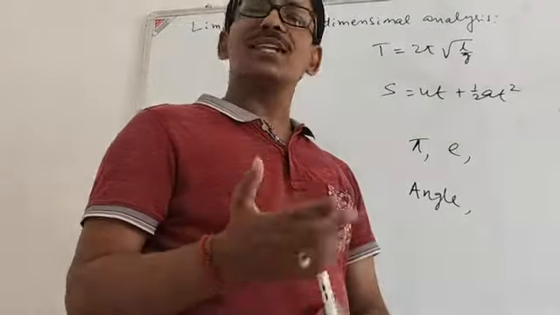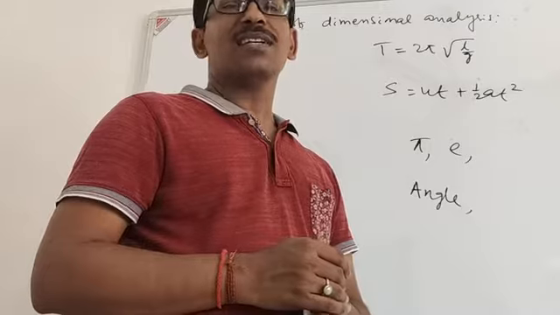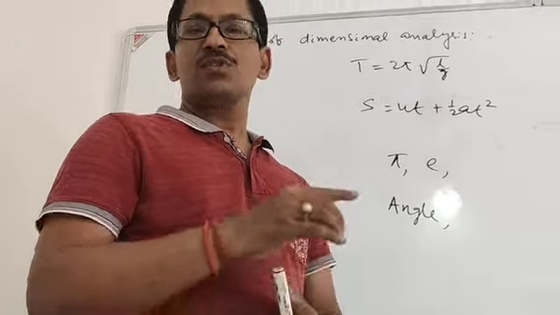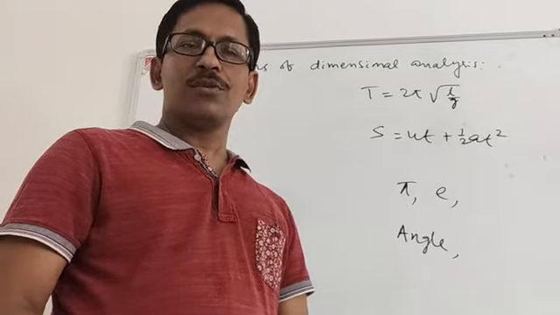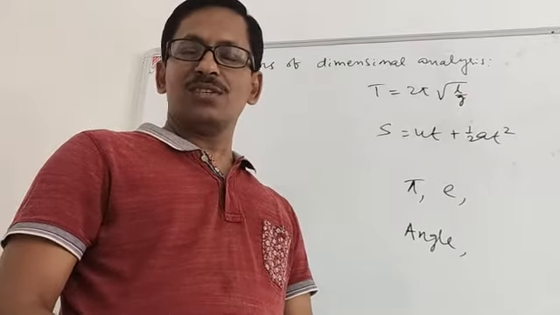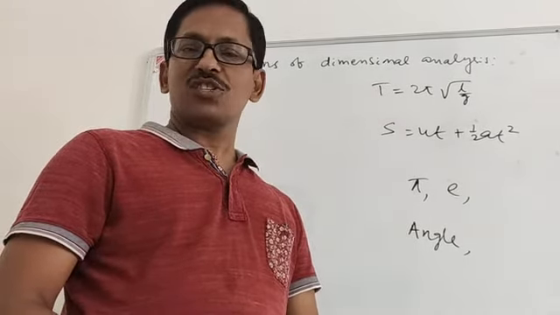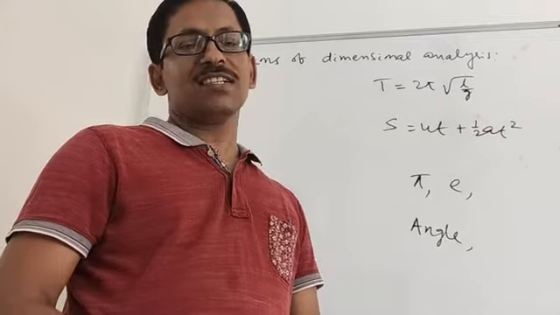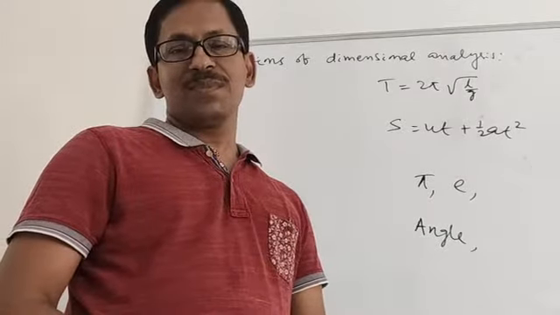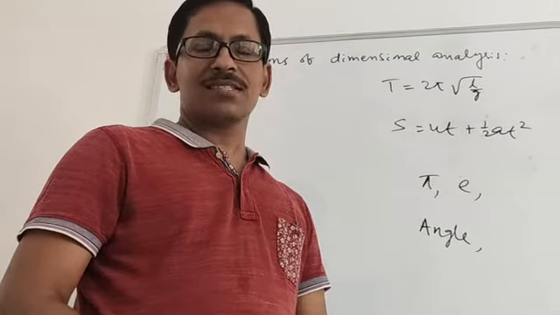And dimensional variables, there are many examples of variables having dimensions. So this way we have classified the quantities into four categories, that is dimensionless constant, dimensional constant, dimensionless variable and dimensional variable. So this is all about your dimensional analysis.